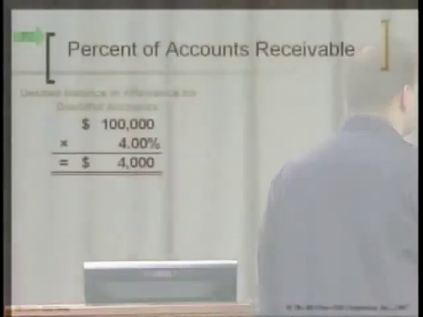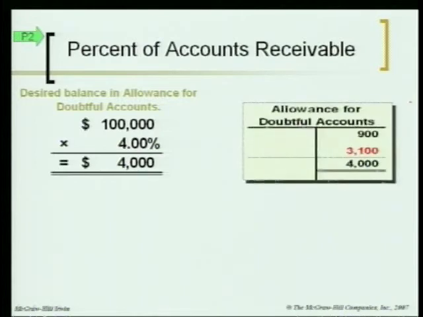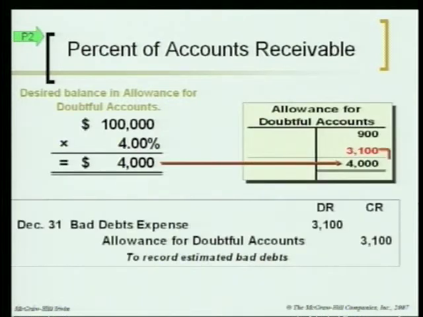We have a secondary step, taking a look at the PowerPoint. That $4,000 that we compute is the amount that we want to be the ending balance of allowance for doubtful accounts. However, we have a beginning balance already in there.